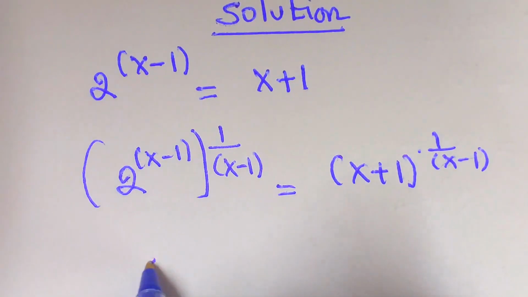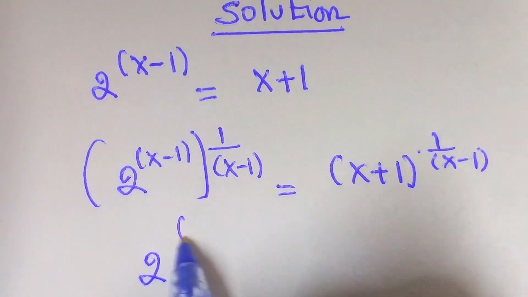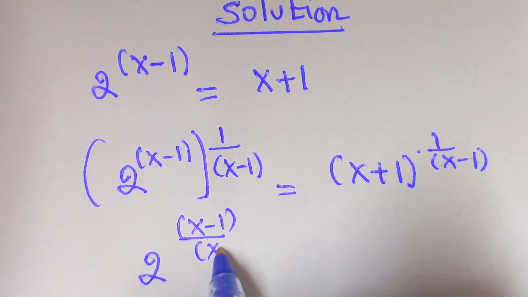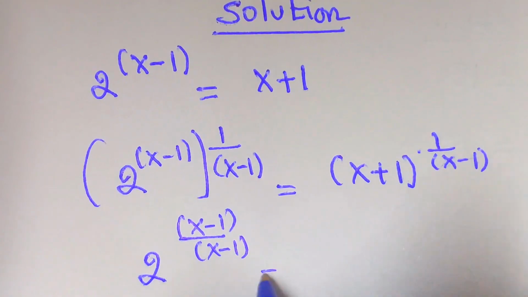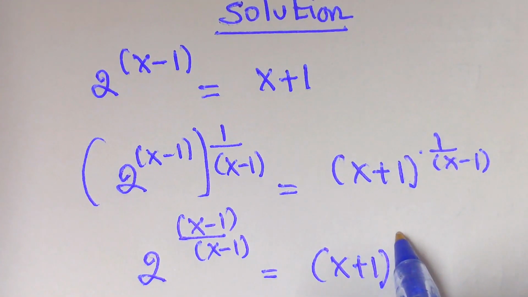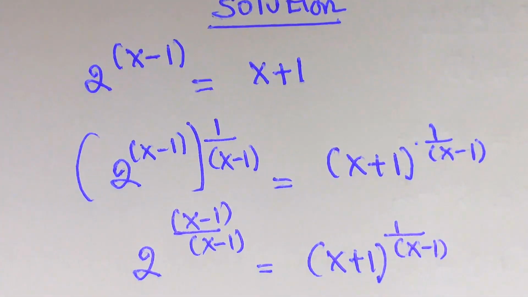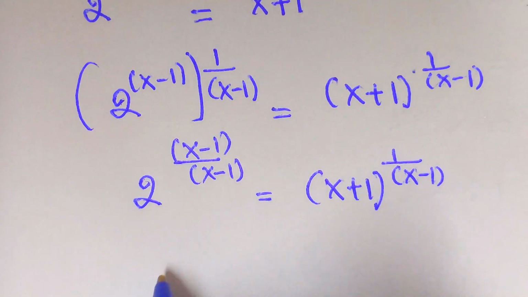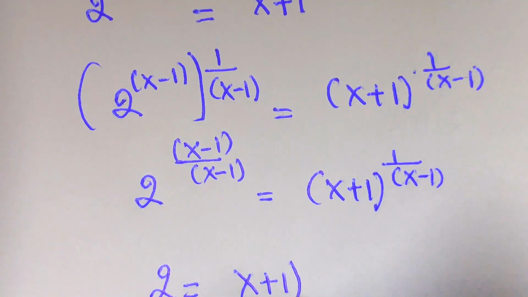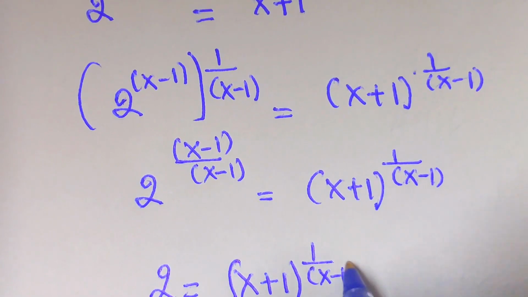So here we shall get 2 power x minus 1 over x minus 1 equals x plus 1 power 1 over x minus 1. So here we have 2 equals x plus 1 power 1 over x minus 1.